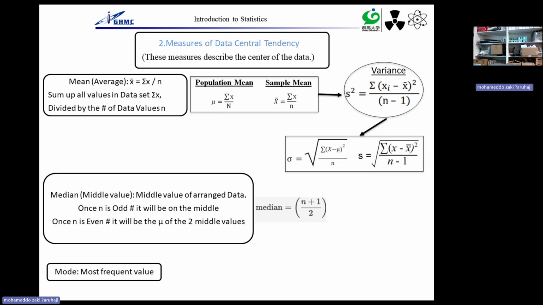Now the median. Median is 2. How did you decide the median is 2? 5 plus 1 divided by 2 is 6 divided by 2, which is 3.